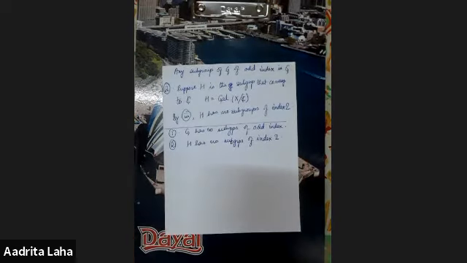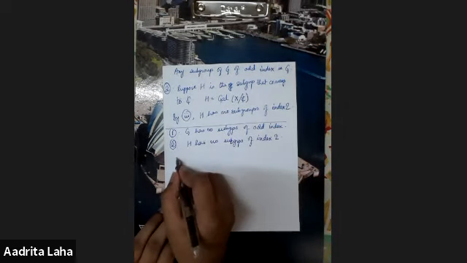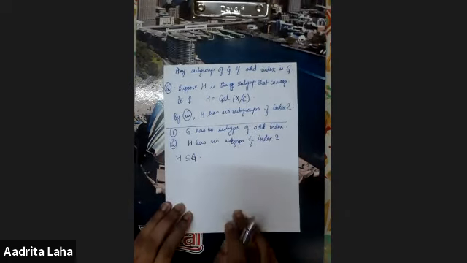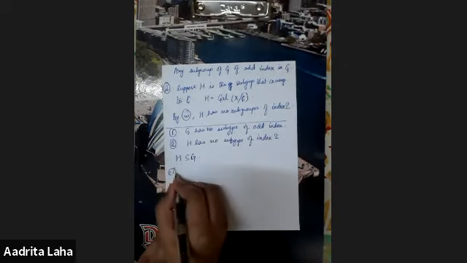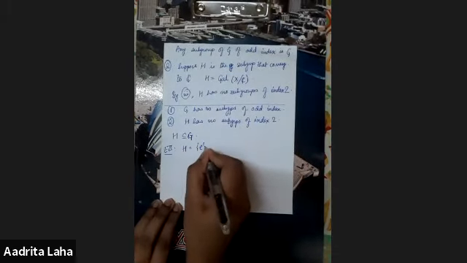Using these translations, we have that H is a subgroup of G. So it is enough to show that H is equal to the identity.